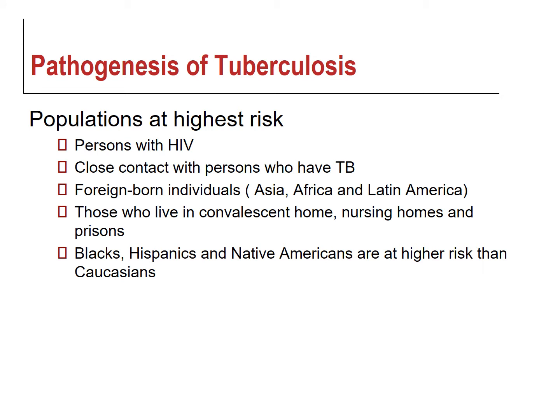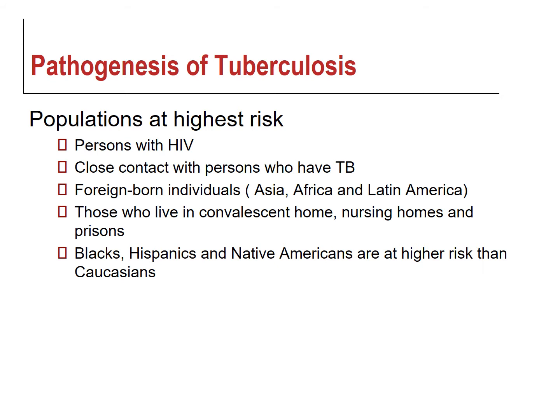Today, the populations at risk include persons with HIV, close contact with persons who have TB in households or in homeless shelters, foreign-born individuals, particularly those from Asia, Africa, and Latin America, and those who live in convalescent homes, nursing homes, and prisons.